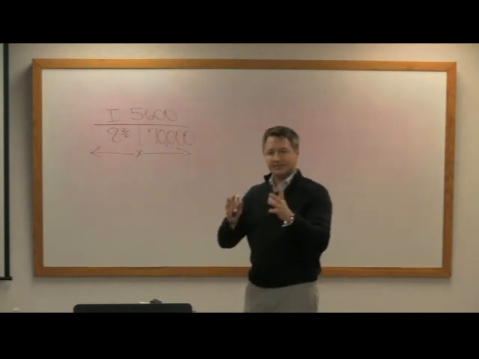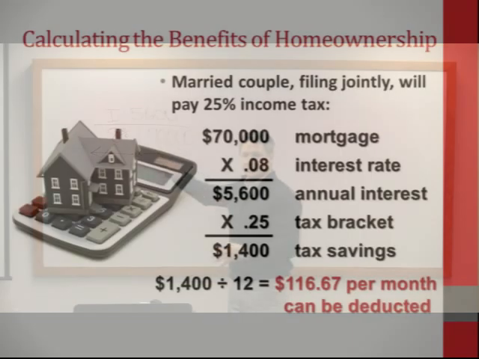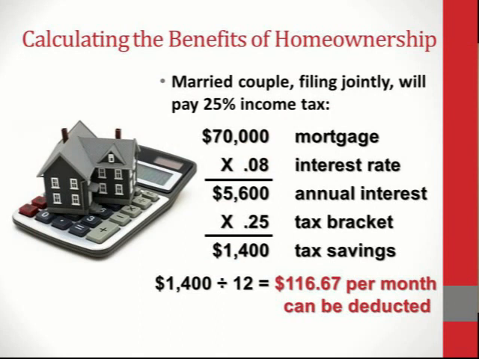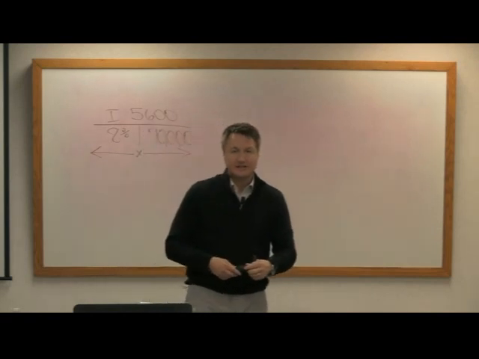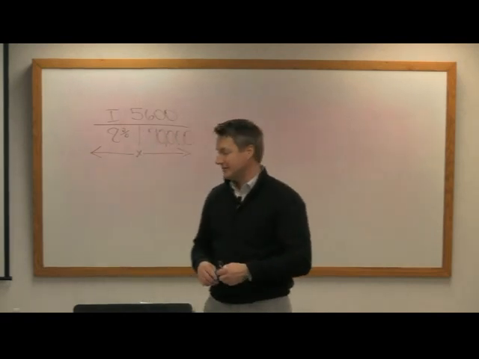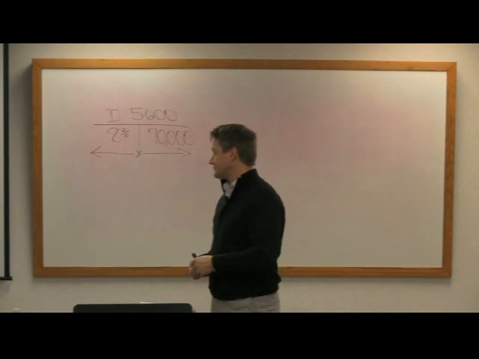And so you're taking $5,600, which is an annual number. You take it times your tax bracket, the answer is still going to be an annual number. And so if you want to figure out the monthly, like you see on the screen or on your handout, you simply divide by 12. Property taxes are similar in that sense that they can be deducted on your taxes.